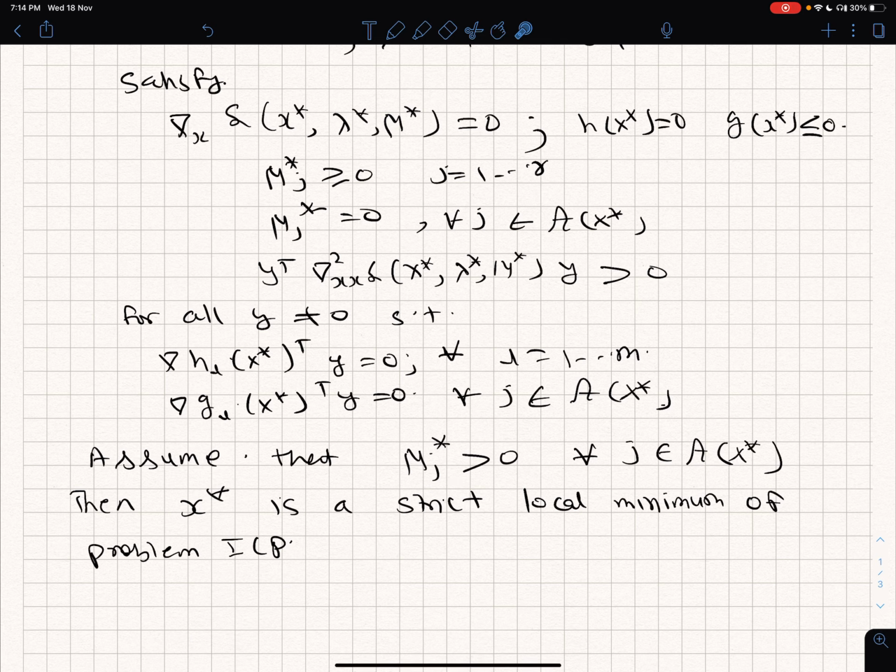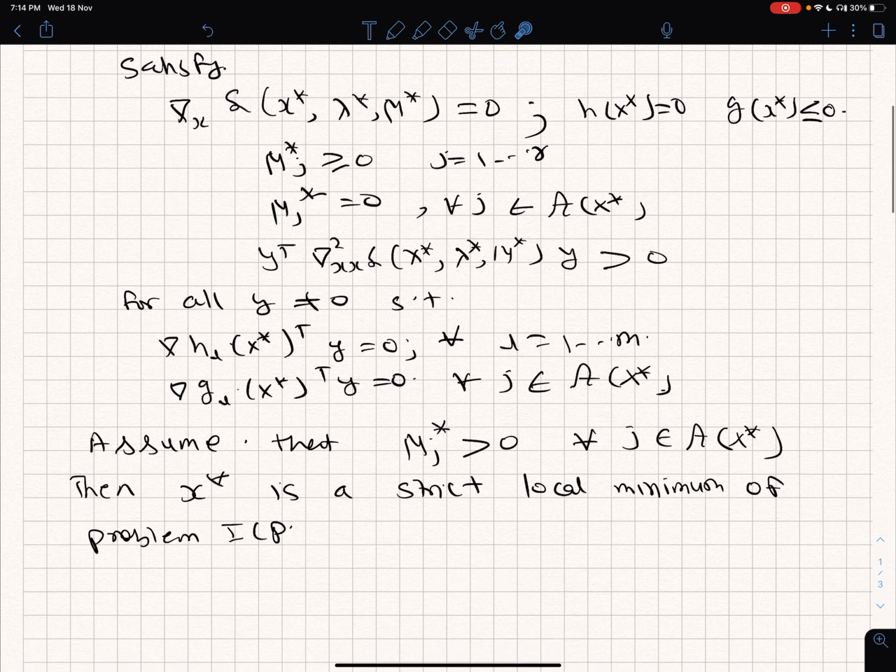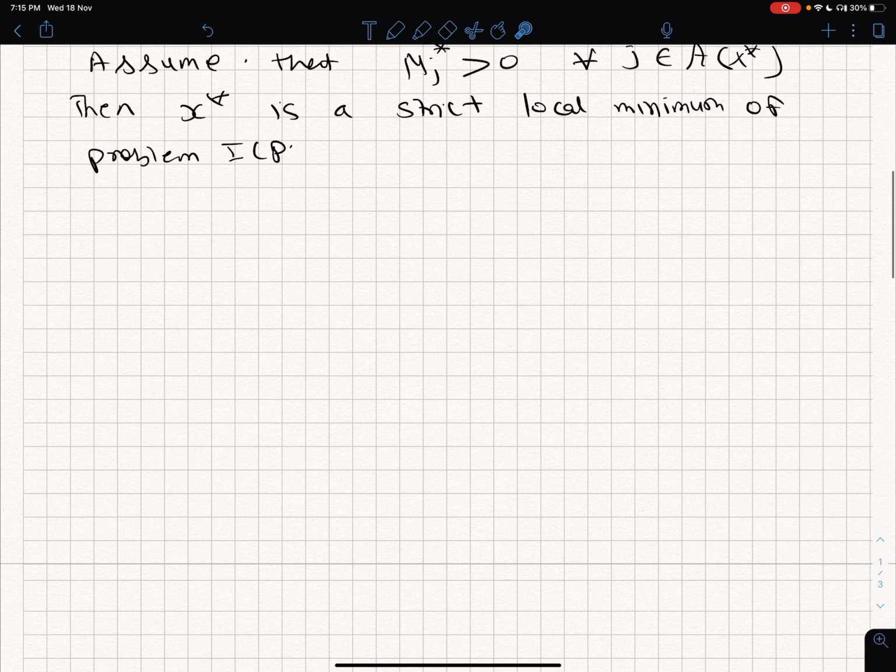And this motivation I think I gave in the linear inequality constraints problem, because then it ascertains that all feasible points in a small enough neighborhood will have an objective function value which is larger. The same idea is carried forward here.